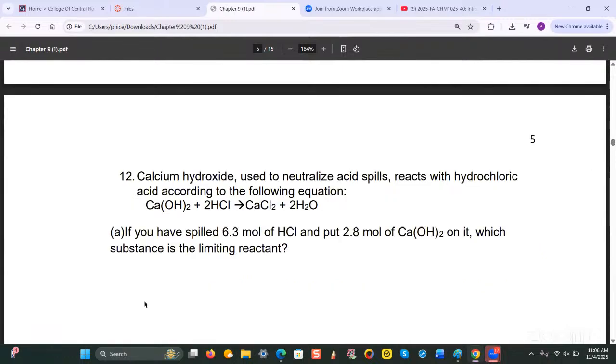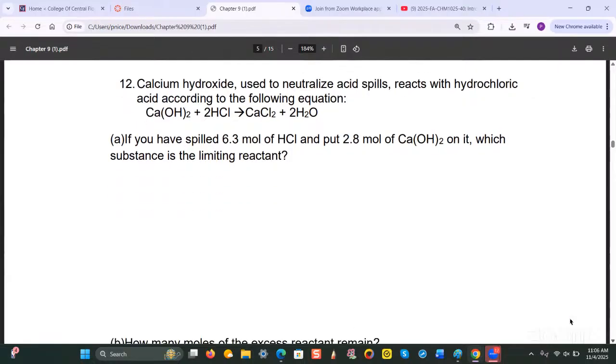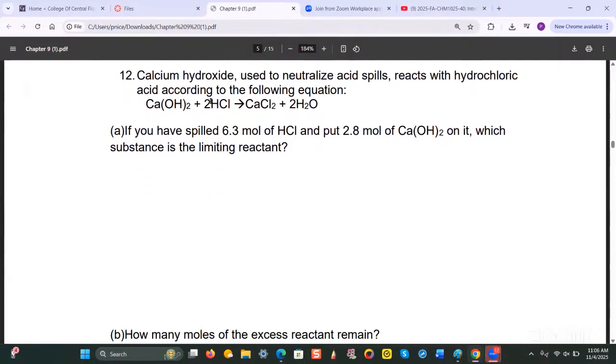All right. So let's look at question number 12. And question number 12 talks about the reaction between calcium hydroxide and hydrochloric acid. Again, fortunately for us, they gave us a balanced equation. Okay, thank you, Ms. DeGraw. So question 12, they gave us a balanced equation.